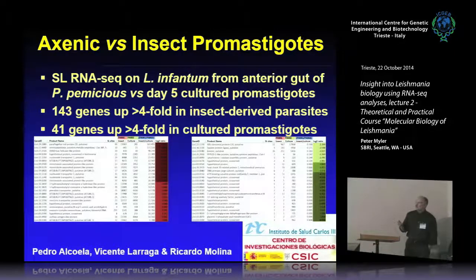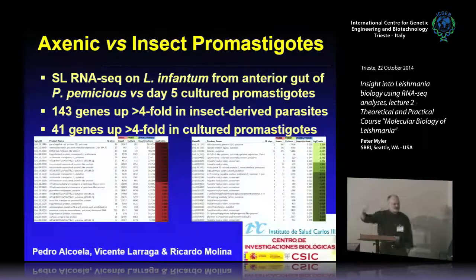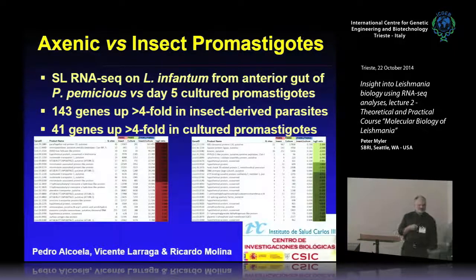So the experiment that I'm looking forward to doing with Jesus is to look at different types of parasites from different regions of the sandfly gut, because my bet is that they will show significant and substantial differences. And we may also understand metacyclogenesis.